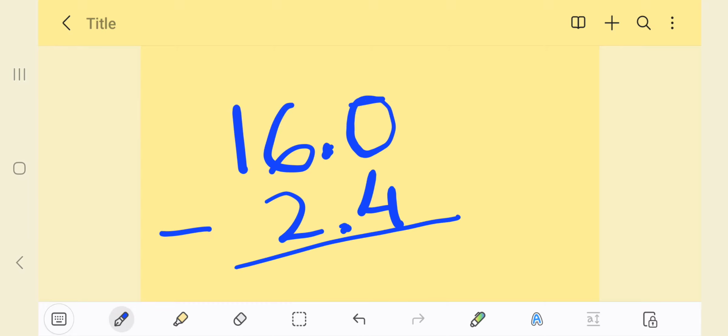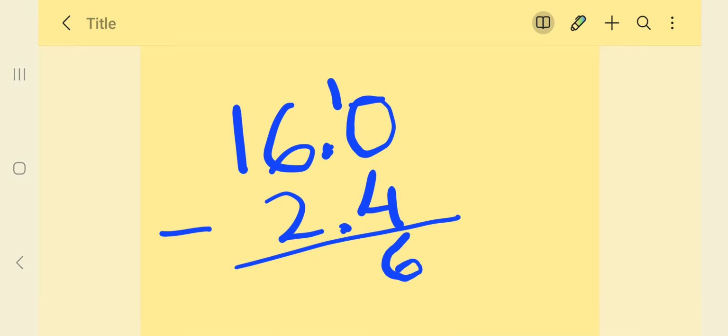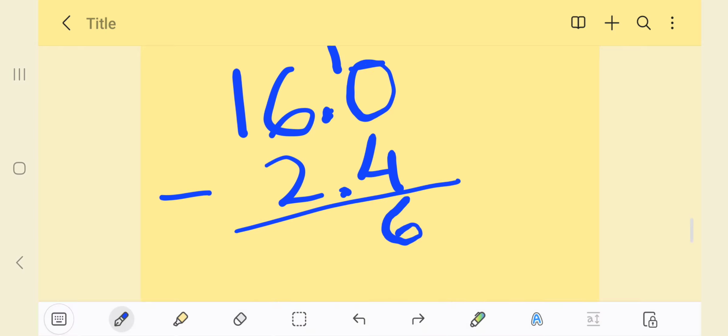So when we do this, of course we borrow 1 here, we get 10, and 10 minus 4 equals 6, and we need to return this 1 to the left bottom side according to the rule. Then when we return this 1 here, 1 added to this existing 2, 1 plus 2, we get 3 here, and 16 minus 3, and we get 13 here.